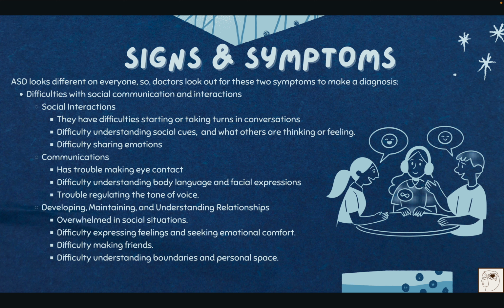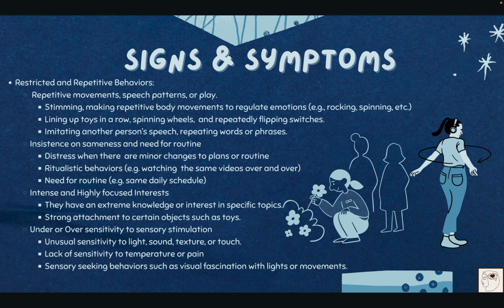Next, we have developing, maintaining, and understanding relationships. They tend to feel overwhelmed in social situations and have difficulty expressing feelings and seeking emotional comfort. They also have difficulty making friends and difficulty understanding boundaries in personal space.